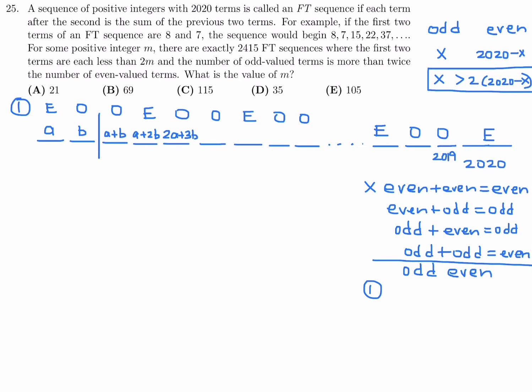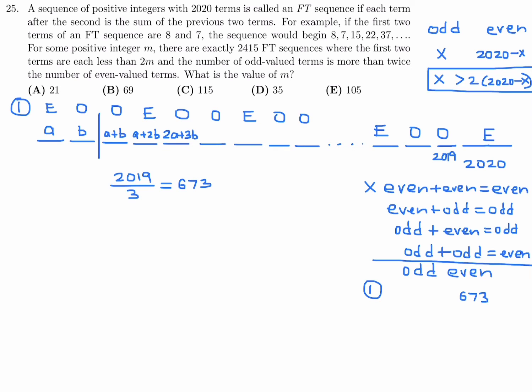EOO, EOO. So first take 2019 divided by 3. And when you do, you get 673. So that means there's 673 of these EOOs. Well, that means there's 673 E's, because each of those EOOs has one E.